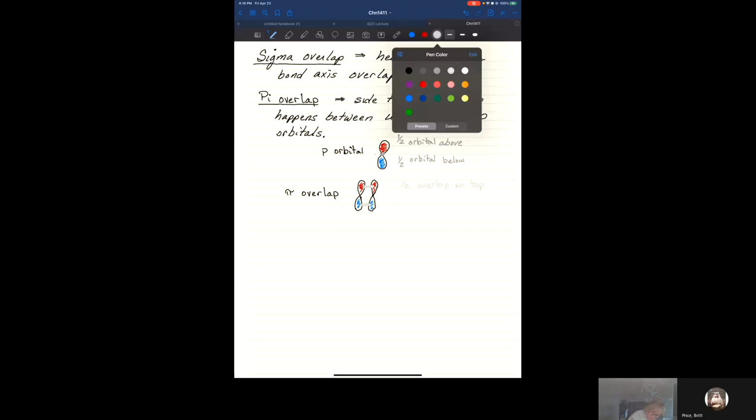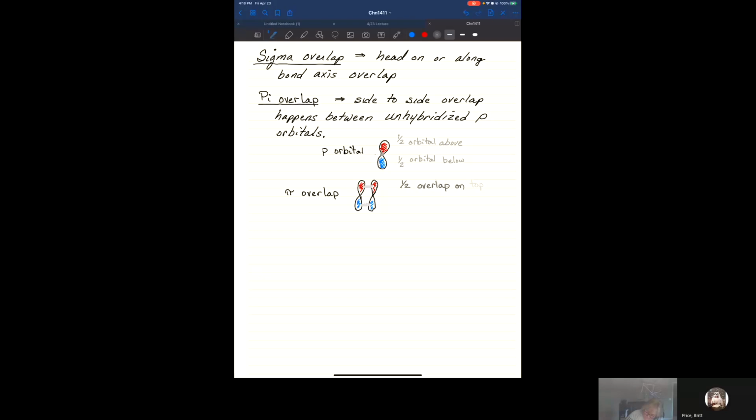So half of the overlap's on top, half of the overlap on the bottom, as I have it drawn there. So once again, sigma overlap, hybridized orbitals.